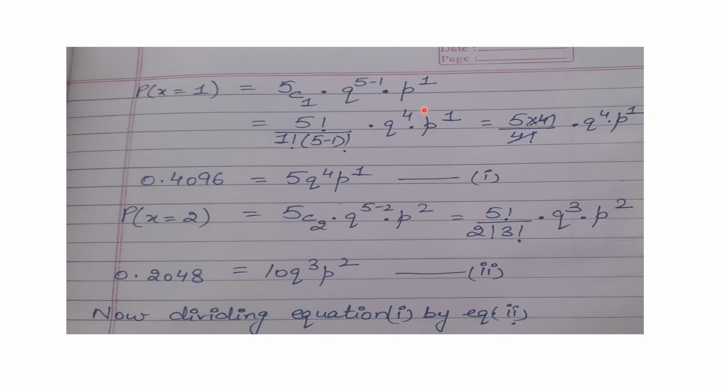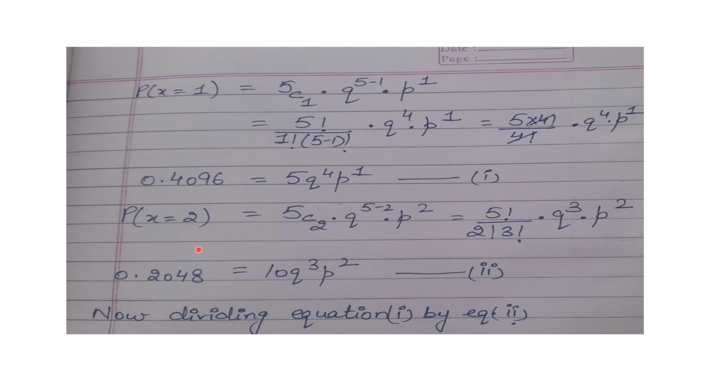So all the available information in the question is substituted here, and after solving it you will get equation 1, which is 0.4096 is equal to 5 q to the power 4 into p to the power 1. This is our equation number 1.